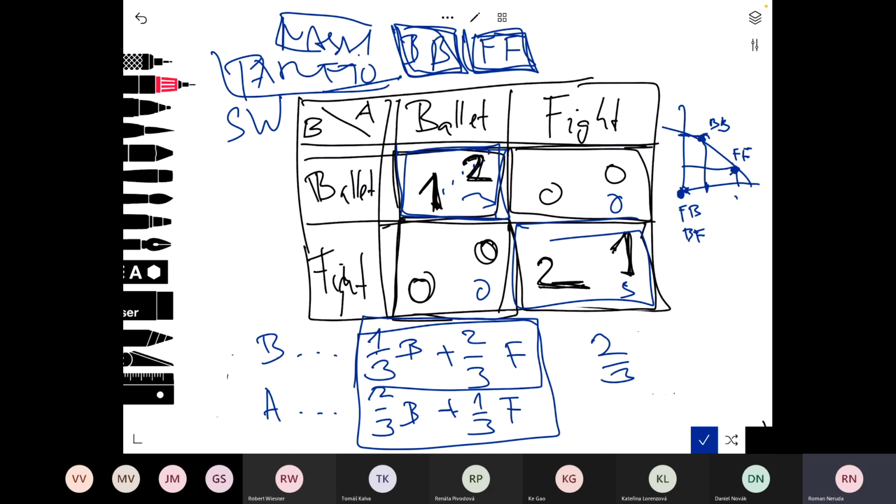By playing the pure strategy BB, Bob gets 1 and Alice gets 2. The mixed strategy is usually better because you can fine tune the probabilities, but here you're actually getting lower, even Bob gets lower, right? So this is an interesting case where the optimal mixed strategy is actually providing worse results than the pure strategies. Sometimes it's not the case.